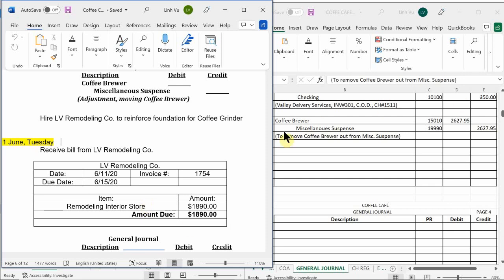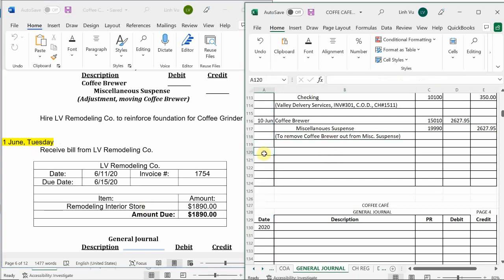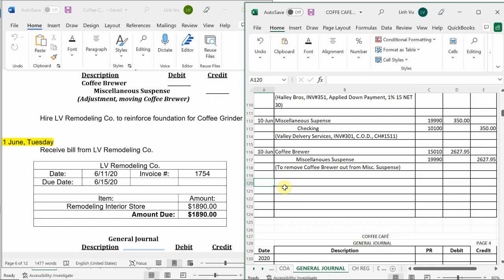So in this case, how should I record this if I just received a bill and I'm not going to pay it today? Accounts payable, excellent.